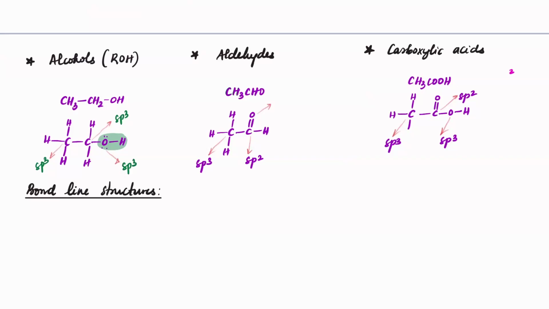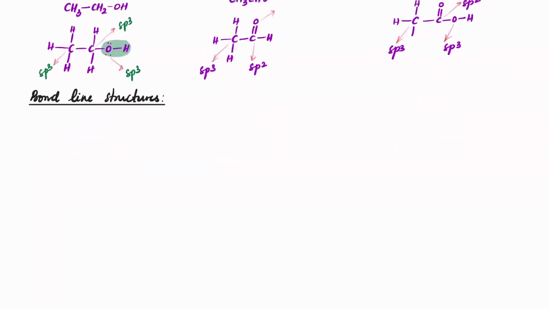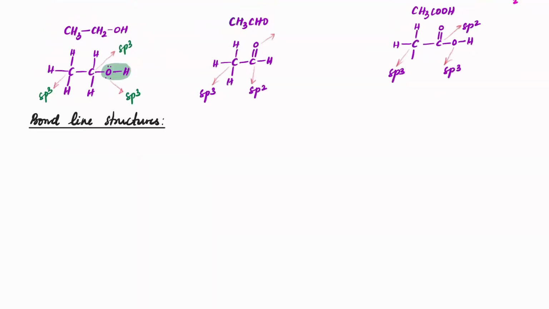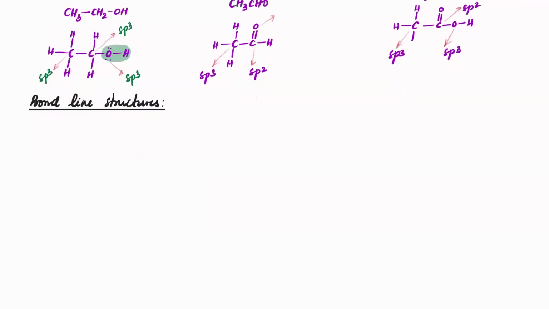All done? Sure. Next, let's see what bond line structures mean. Bond line structures is basically, we have any carbon, right? Let's say carbons connected with a lot of carbons and oxygens, maybe another carbon somewhere.